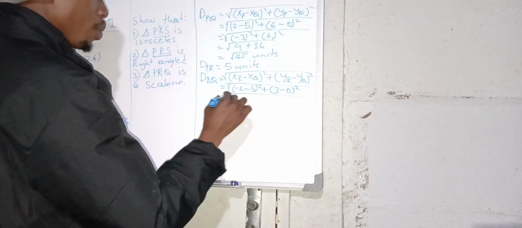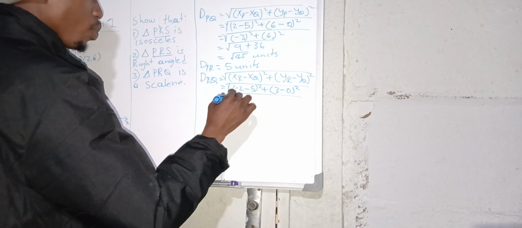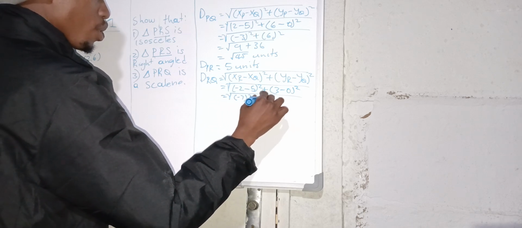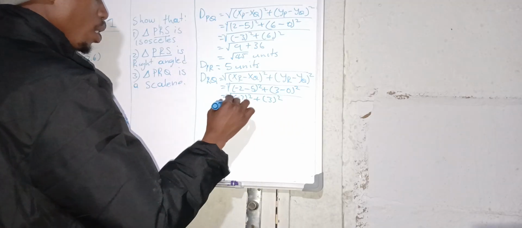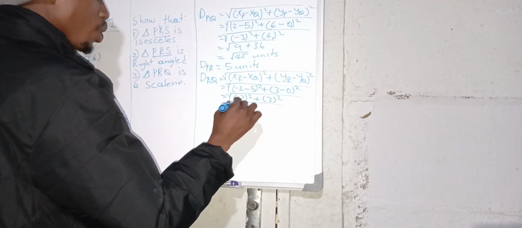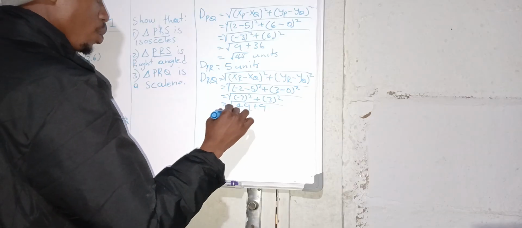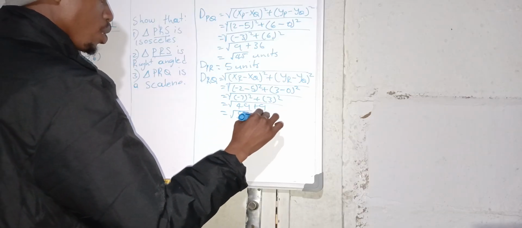Here we will have negative 7 all squared plus 3 all squared, which is 49 plus 9, which is 58, the square root of 58 units.